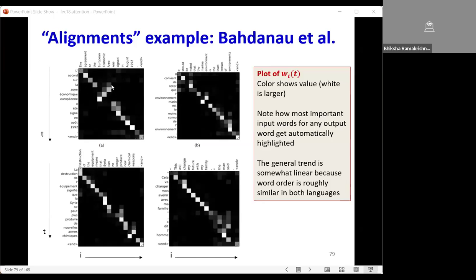And so you see that the maximum attention weight is actually on area. Economic pays attention to economic. And when it's trying to produce European, it pays most attention to European. And so you have this attention pattern which follows the correspondence between the input and the output, and where the order correspondence is flipped, the attention pattern actually flips.